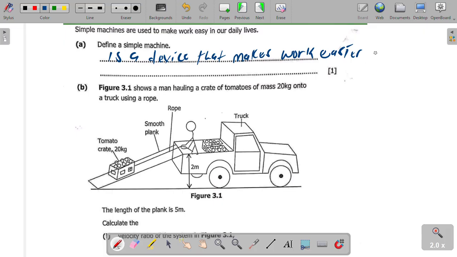By doing what? By changing the size or direction of a force.